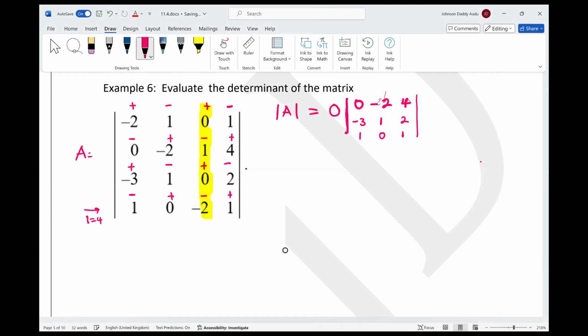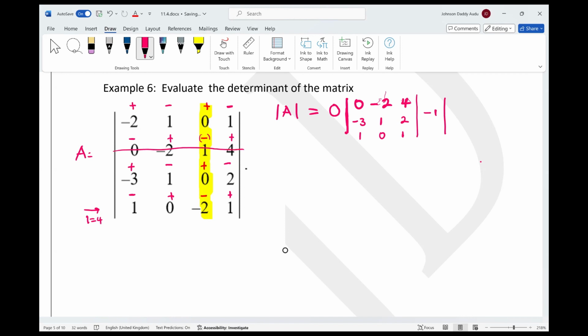Now, remember we are coming down the column. So the next one is going to be -1. Then I'll multiply by -1. Why am I using minus? Because of this position, right? So now I'm going to close this.